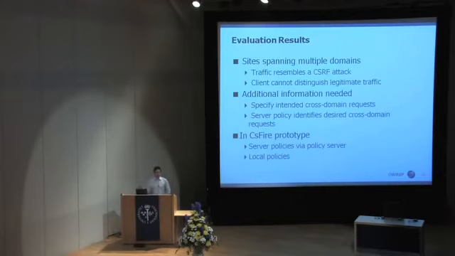To include that information into CsFire, we're working with a policy server stating server policies. At this point, I think we have only 20 server policies included for all the users we have right now in our testbed. Users can also include local policies if, for example, internally in their company, they want extra information about certain websites that need to interact with each other.